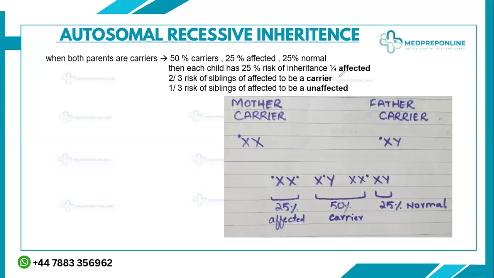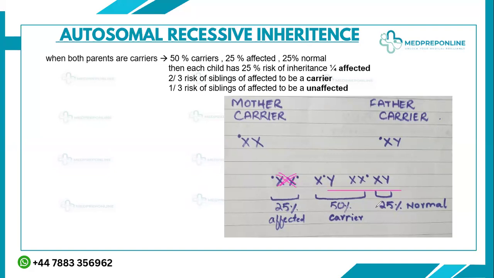The thing is this: when we talk about carrier and unaffected, we are applying this rule. Suppose we apply the same rule for the affected child. One child is already affected, so we are going to remove this, and then we talk about among three of them.